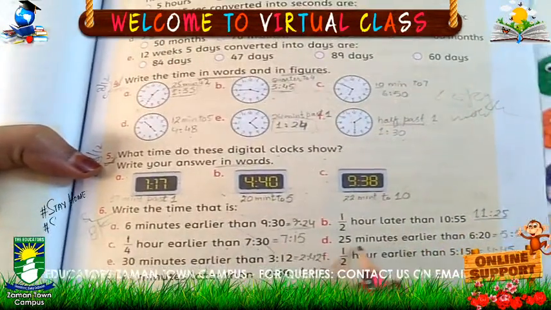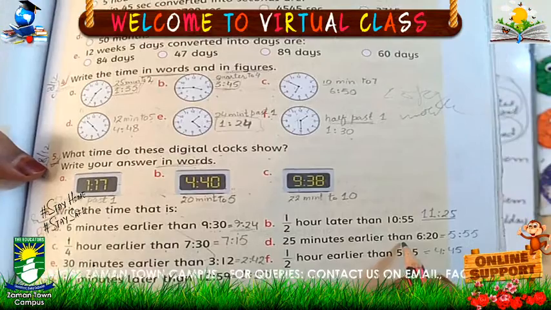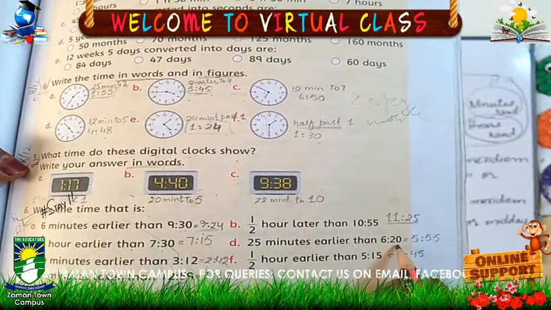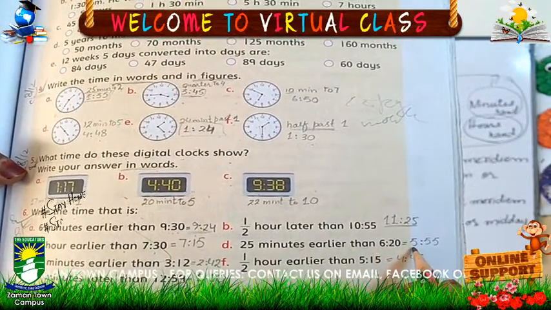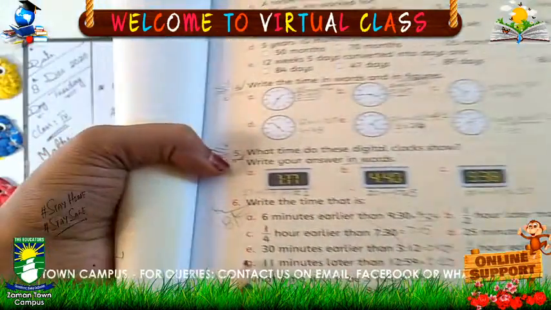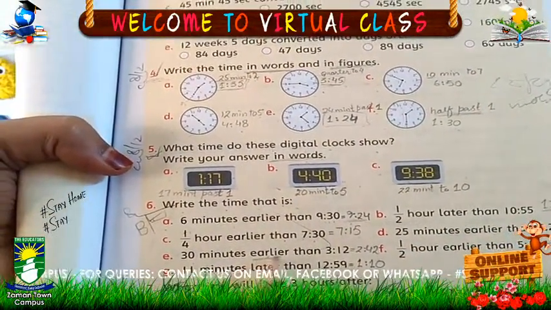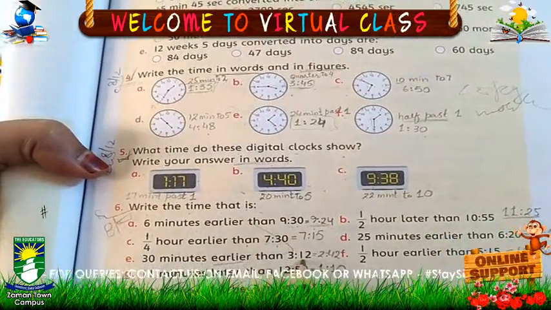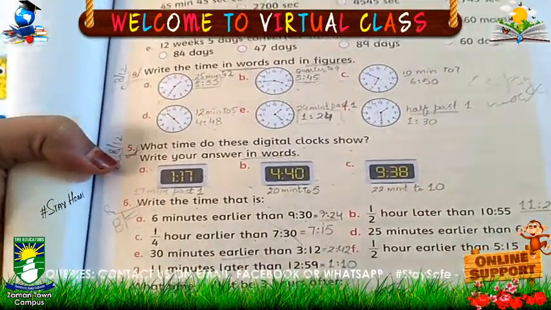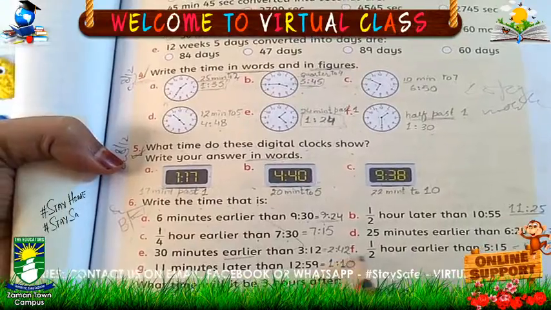Well, quarter earlier than 7:30. 7:15. 25 minutes earlier than 6:20. The answer is 5:55. Number E, 30 minutes earlier, okay, than 3:12. It means 2:42.